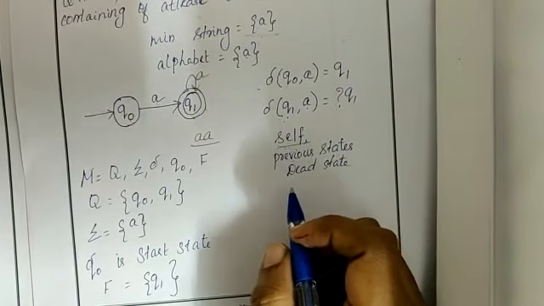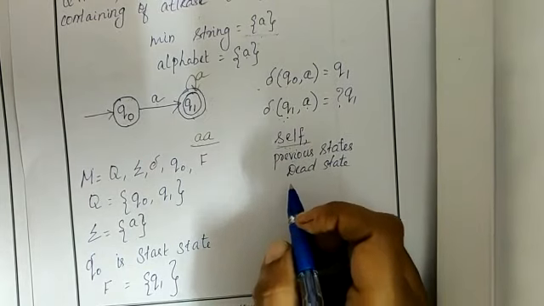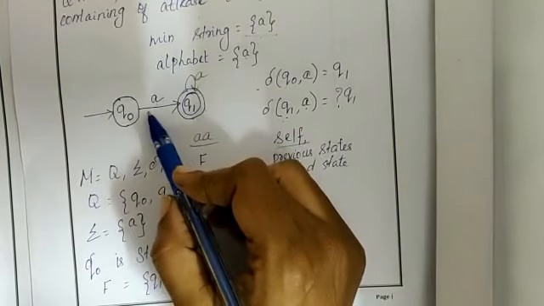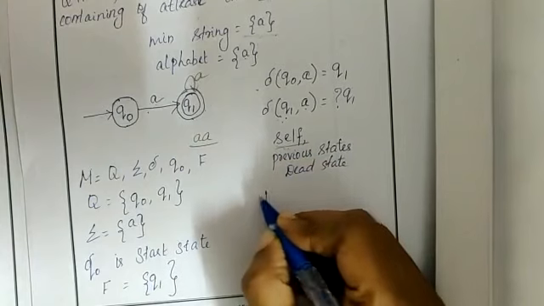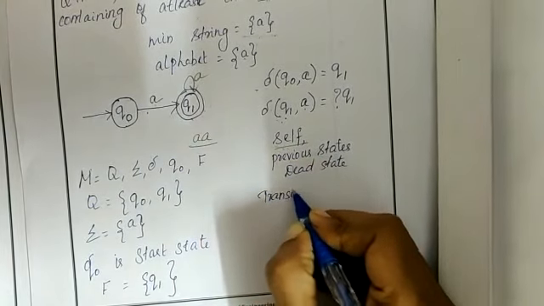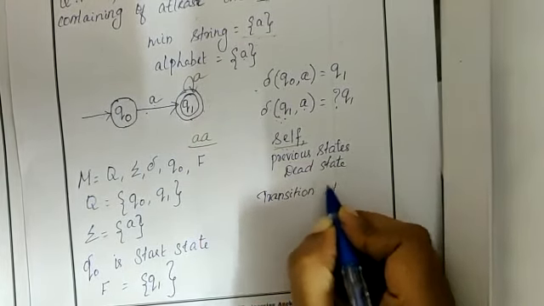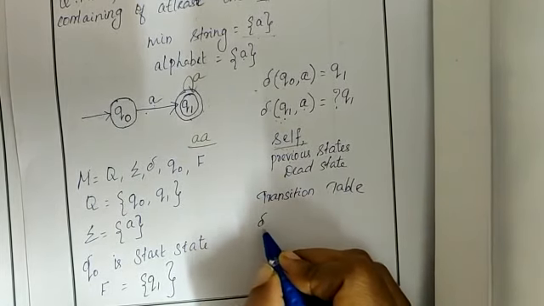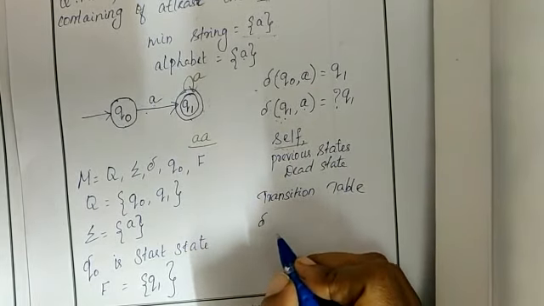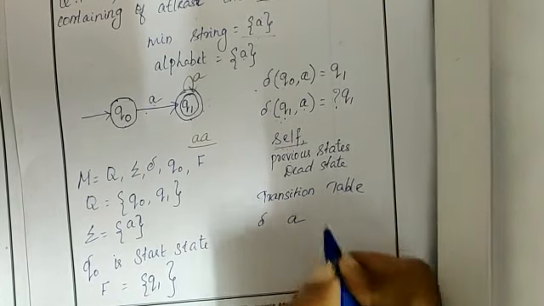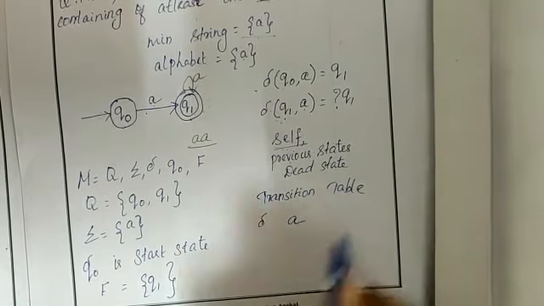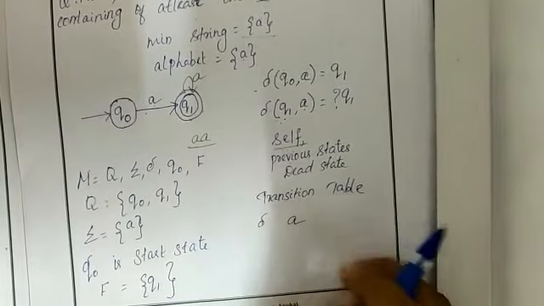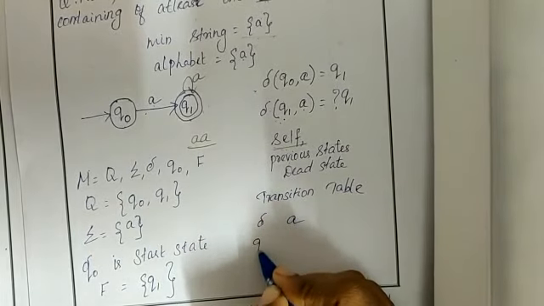Now you have to draw your transition table. This is the transition diagram; now the transition table. You mark this simple transition. How many alphabets do you have? Here you have only one alphabet. The alphabet you write in columns, and in rows you write all the states.